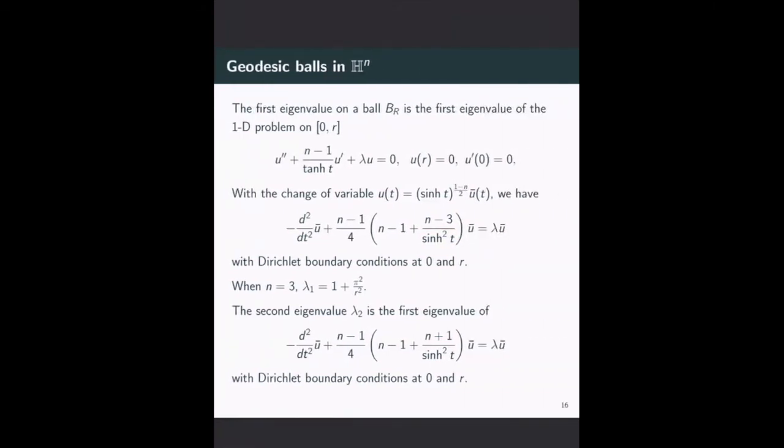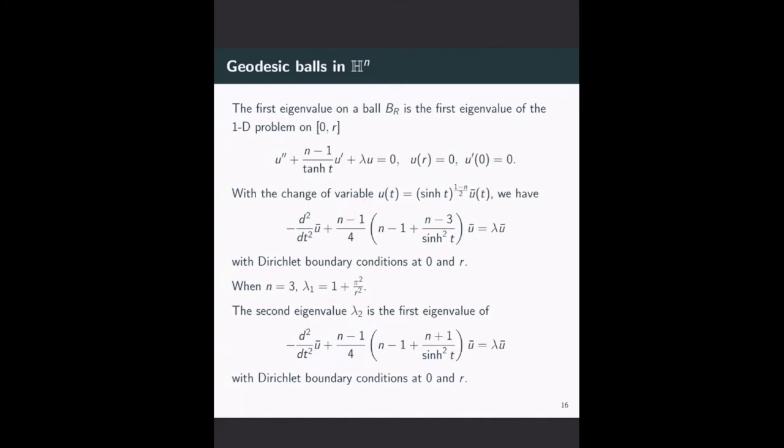When n equals 3, and that's the case I will talk about, and then I'll tell you how to do other cases, this goes away for the first eigenvalue, and you just get a linear ODE. So remember, n equals 3 means this is 2, this is 2, so it cancels with the 4. So it's just the extra u here that gives you the 1.